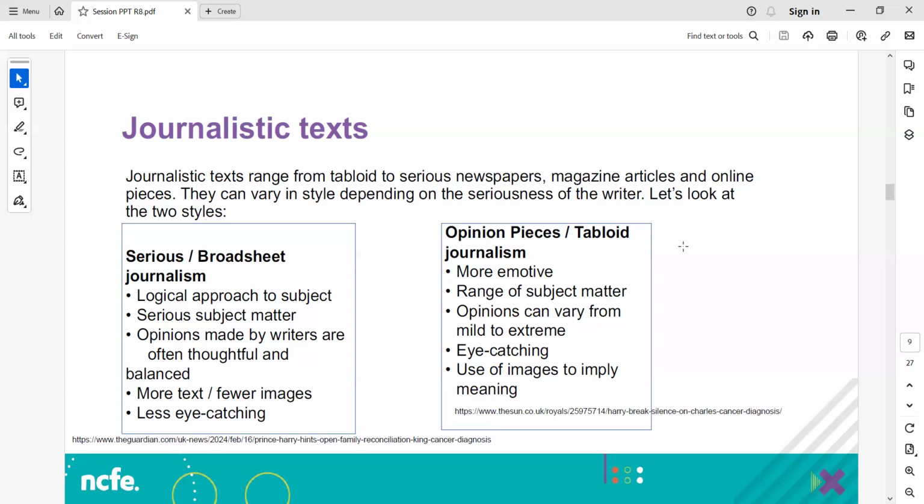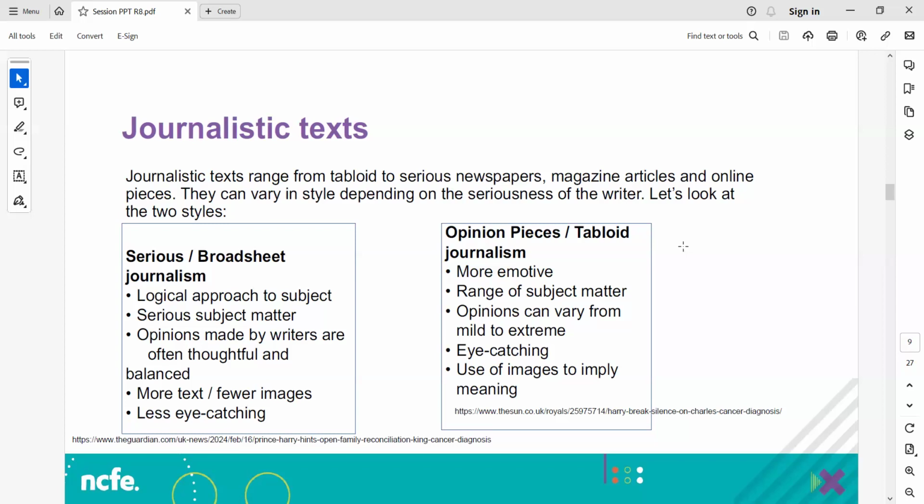There's a lot more human interest stories, such as about an animal being rescued. So a wider range of subject matter would be included in those sorts of newspapers. And the opinion in these varies from mild to extreme, so it's less measured.